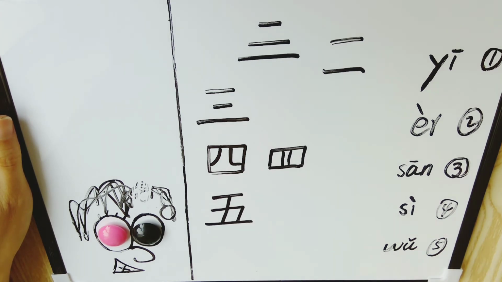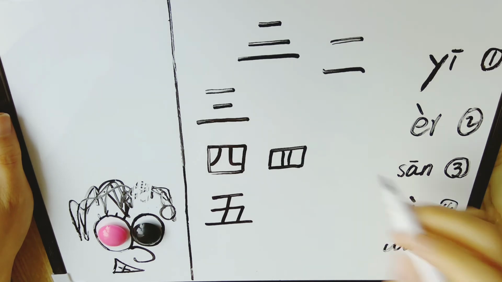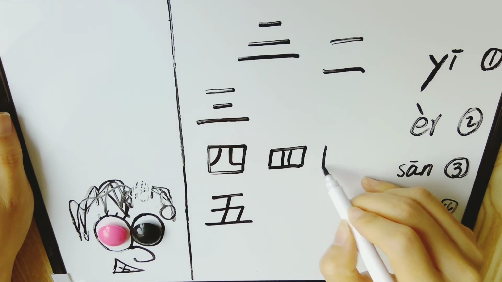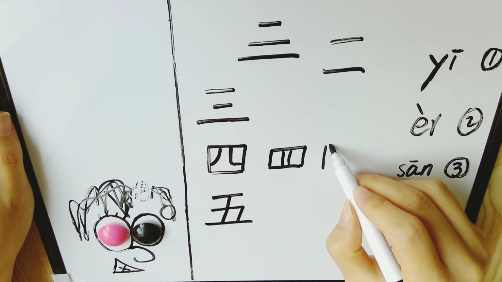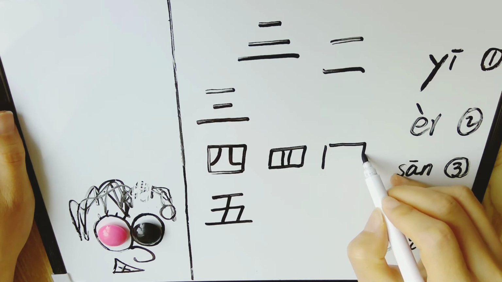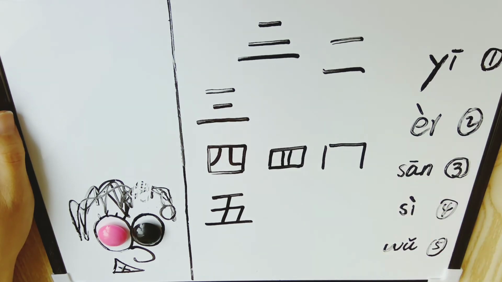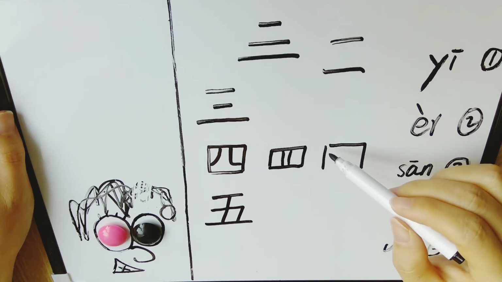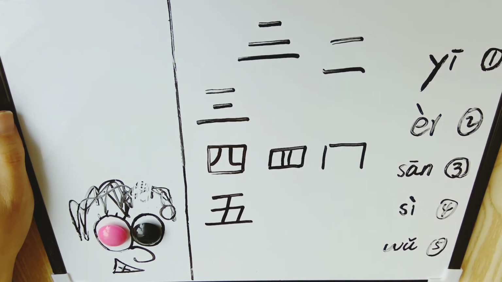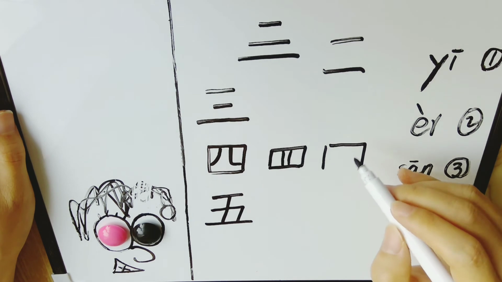And also for number 4, for example, when you practice, sometimes you may happen to write it down like this. It's not fully connected here. And again, it's not a big issue.